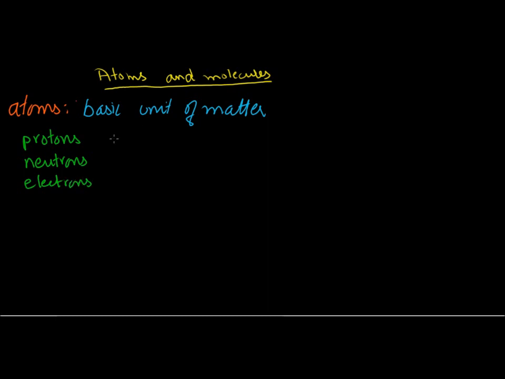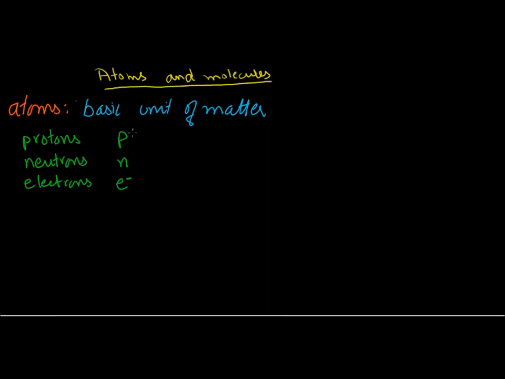Okay. The symbols that we're going to use for these three entities: for protons we'll use a small p, neutrons के लिए हम n use करेंगे और electrons के लिए we'll use e with a negative sign, and you'll see later on why we put a negative sign here.